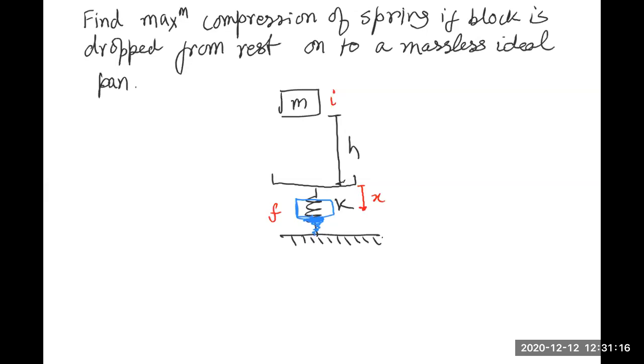So the path followed by the block is from here to here. Summation W, work done by earth plus work done by spring.